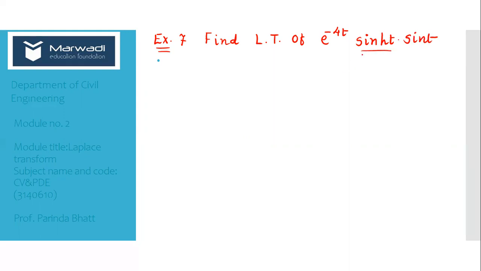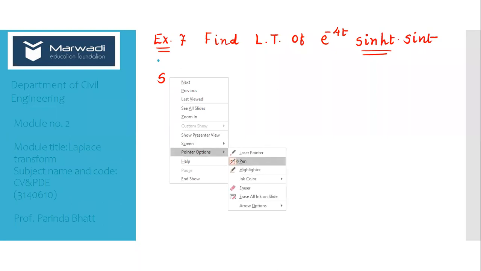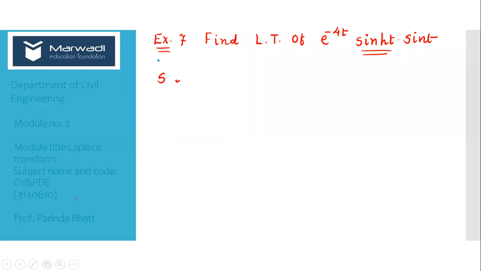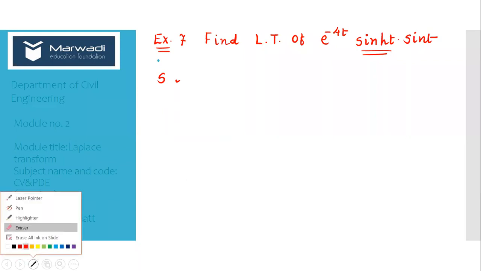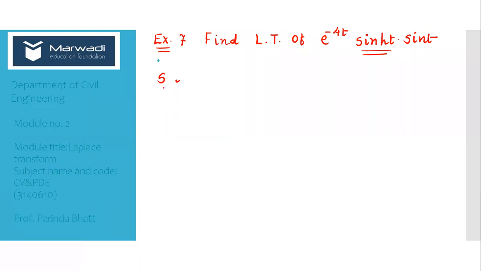Now this is the new thing. But we know that when we derive the hyperbolic functions, we know that very well. Sine hyperbolic we can convert into the exponential term.